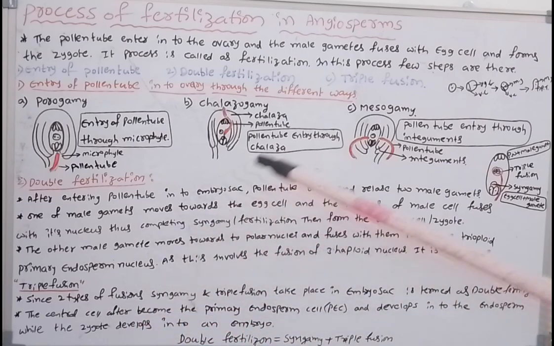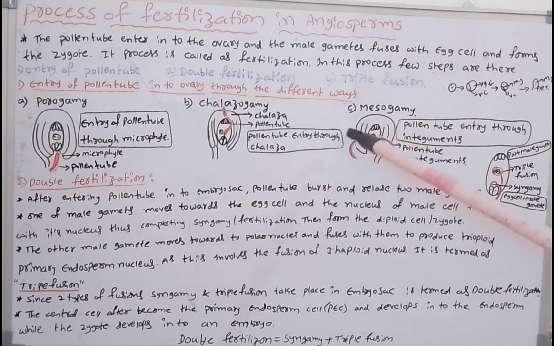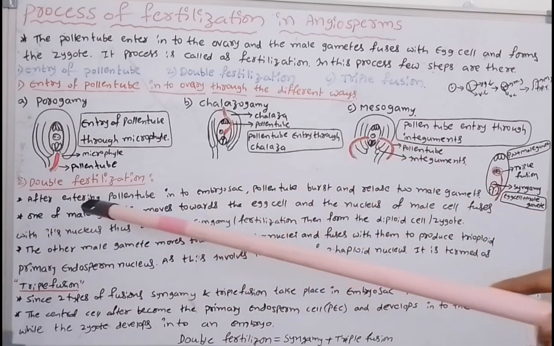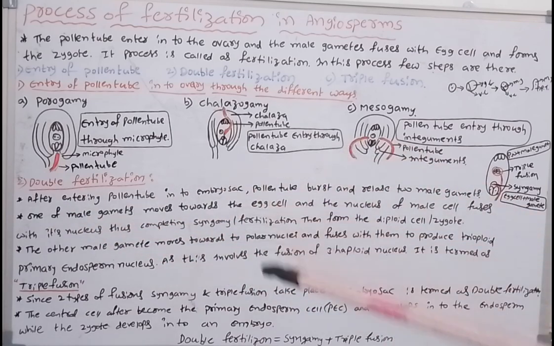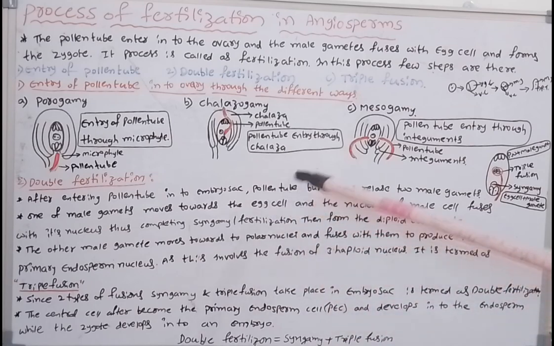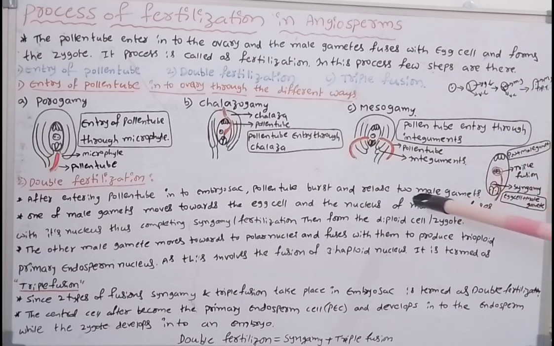When the pollen tube enters the ovary, after entering the embryo sac, the pollen tube bursts and releases two male gametes.